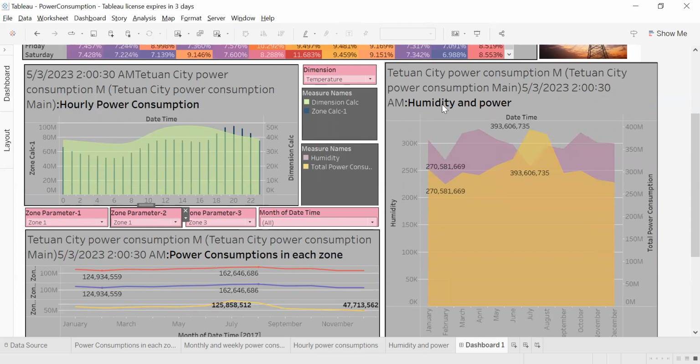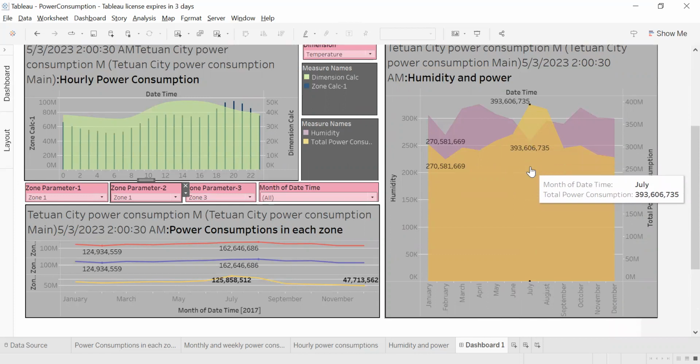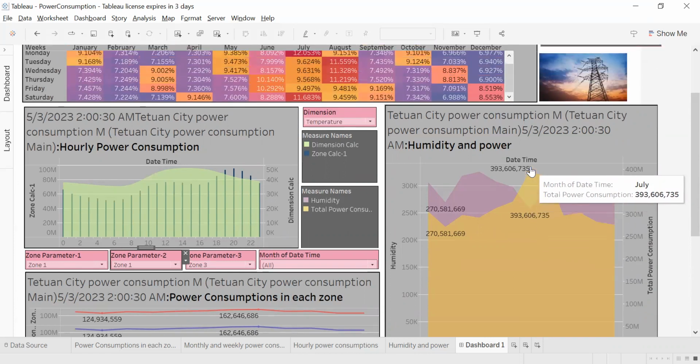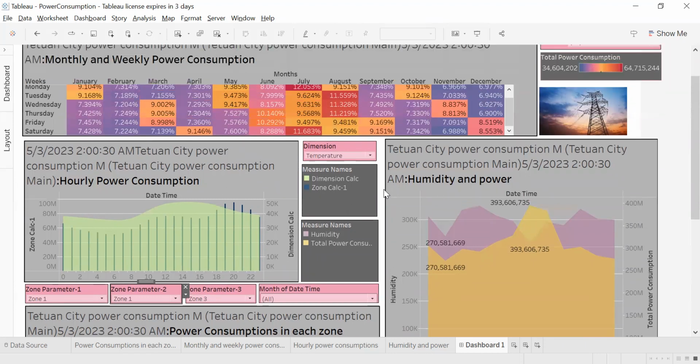So when we plot a graph with respect to humidity and power, we can see here that in the month of July, the energy consumption is at the top, but when compared to the humidity, the same month is very low, from which we can form a conclusion that humidity is inversely proportional to power. And now Raghavendra will tell you all the conclusions and the recommendations for this data.